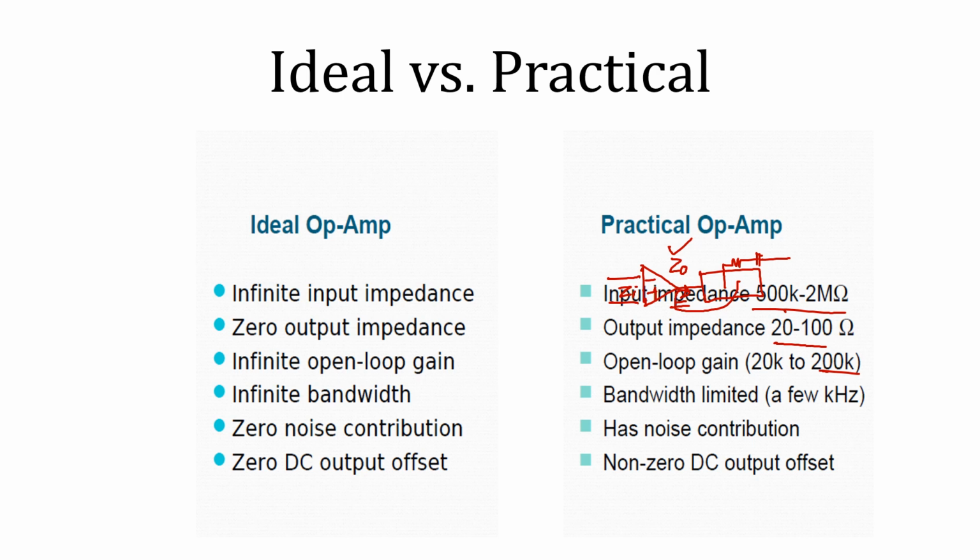Here it is mentioned as a few kilohertz, but these days we even have operational amplifiers whose bandwidth is in megahertz. Noise contribution is there, and we cannot make the offset zero. So practically all the characteristics are not possible, but we always try to design circuits that move towards ideal characteristics.